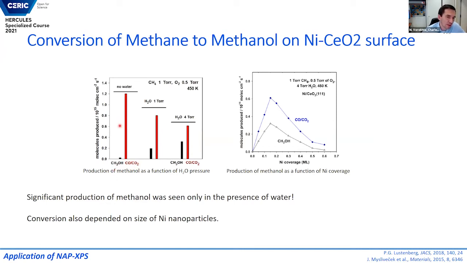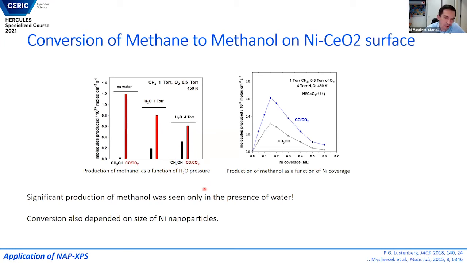However, it was also found that if you add a bit of water to such a mixture, 1 torr or even more, you can tune the selectivity of the reaction towards methanol formation. This was shown by some of my colleagues, and then it was interesting to find out why this happens, what reaction mechanism improves the selectivity towards methanol formation.